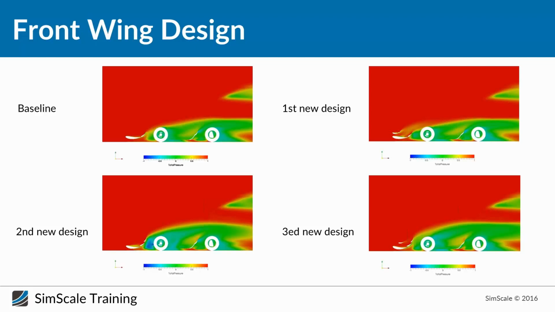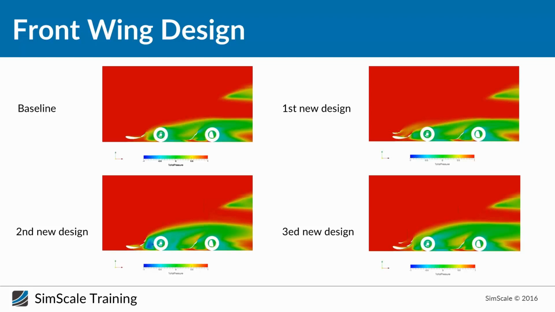The kinetic energy of the flow is represented by the total pressure. So where we have a red region, it's high kinetic energy. Where we have a blue spot like this one here, we are losing energy over there, and it's important to look at your design from this point of view.